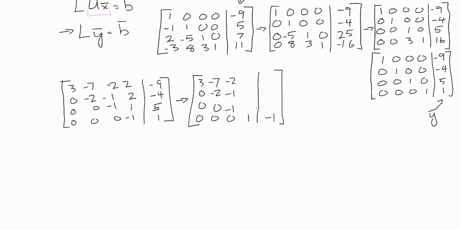So first things first, we got to subtract 1 of R4 from R3. That will zero that out and bump this up to a 6.